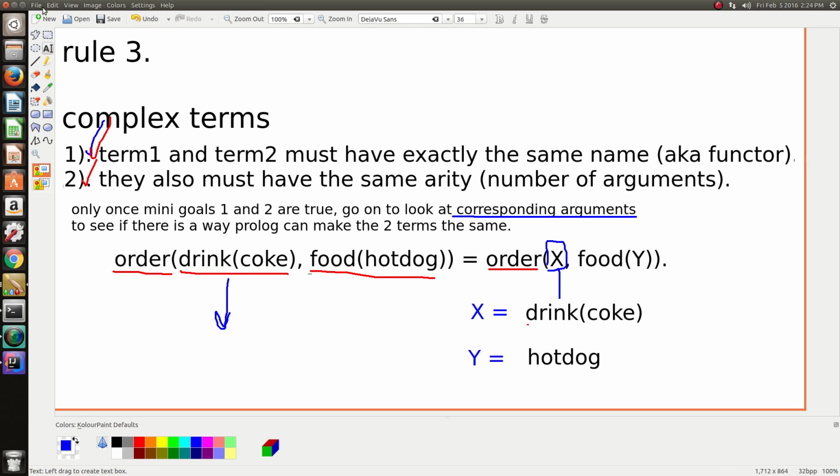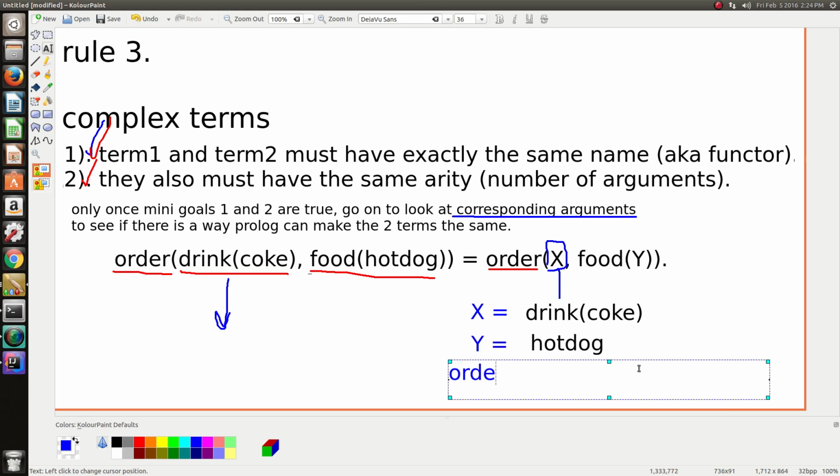So keeping this in mind, if we fill in the values for the variables that now have bindings, so order drink Coke, because that's what X is, and food is hot dog.